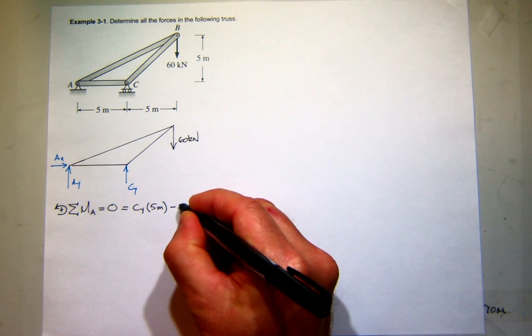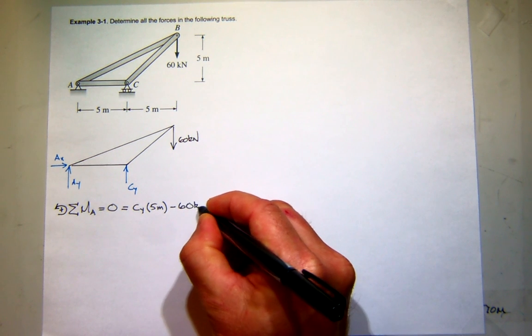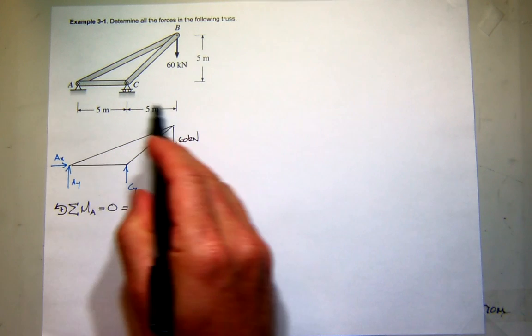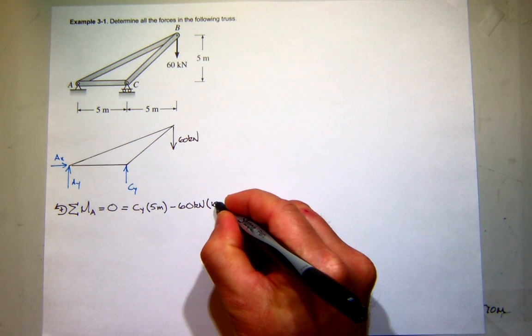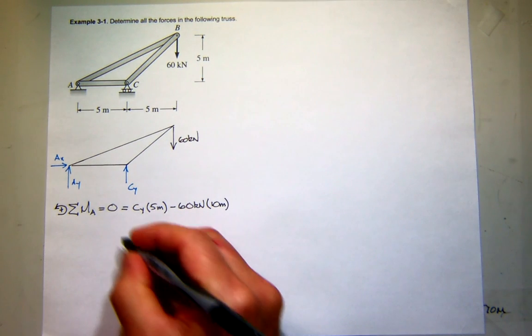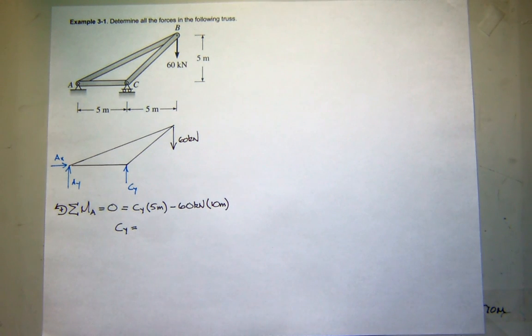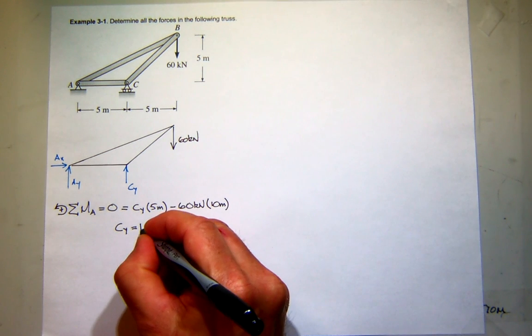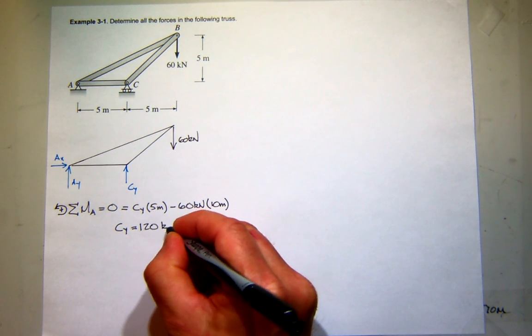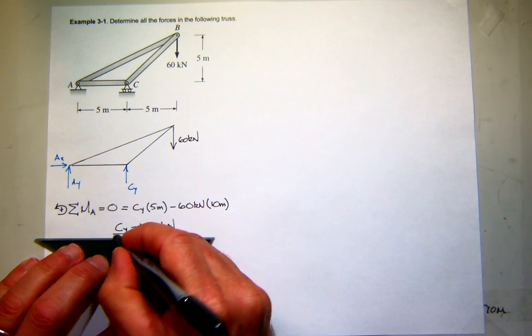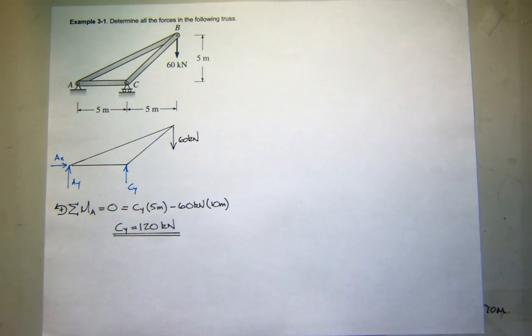Negative. So force times distance. This moment arm will be this distance, which is 10. So it looks like CY is going to be 120? Yes. And I got a positive value, so I assumed the right direction, which is really not that important right now.